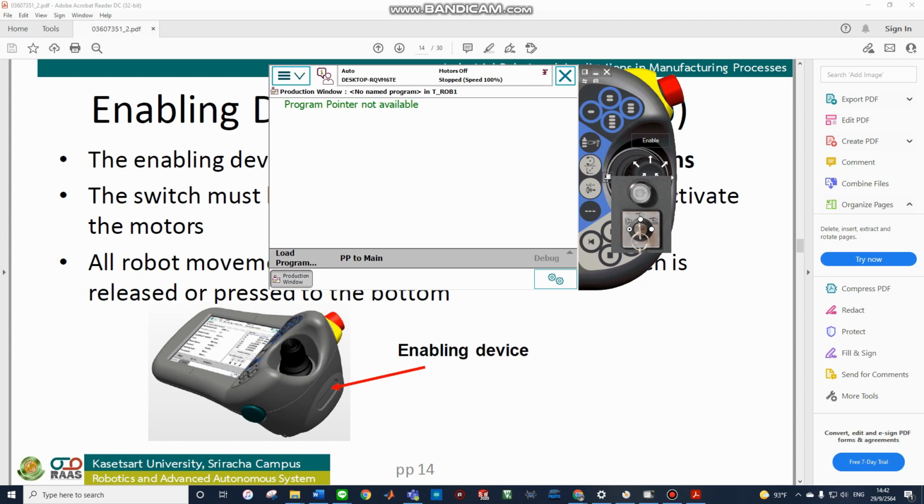Manual reduced speed: teach, jogging and programming operations. Max speed is equal to 150 mm per second. Manual full speed: test programming operation only. Okay, what about the overview of the FlexPendant?